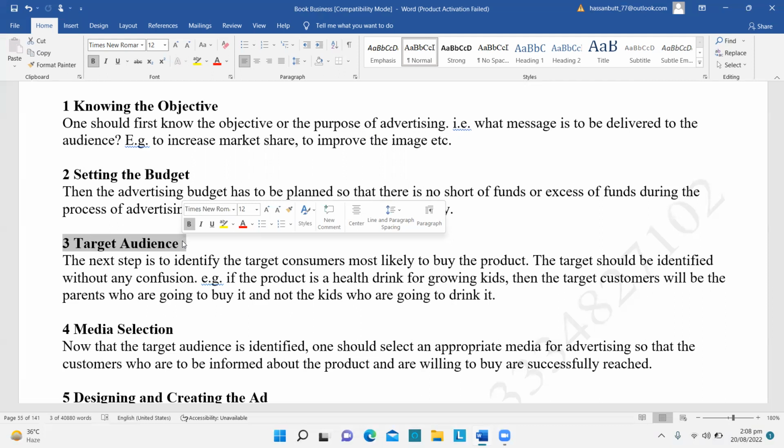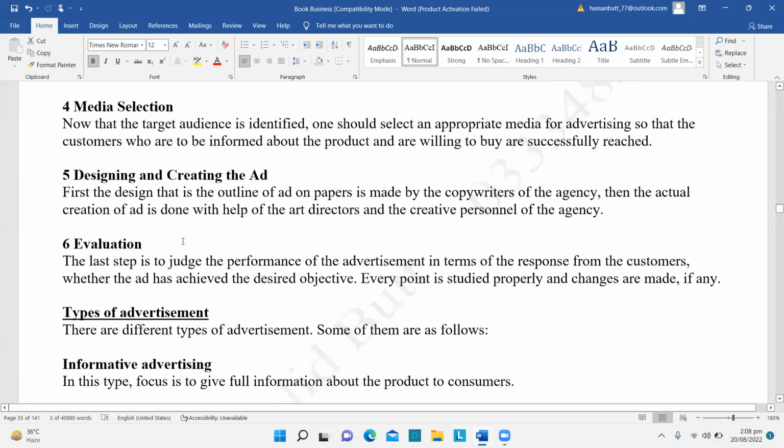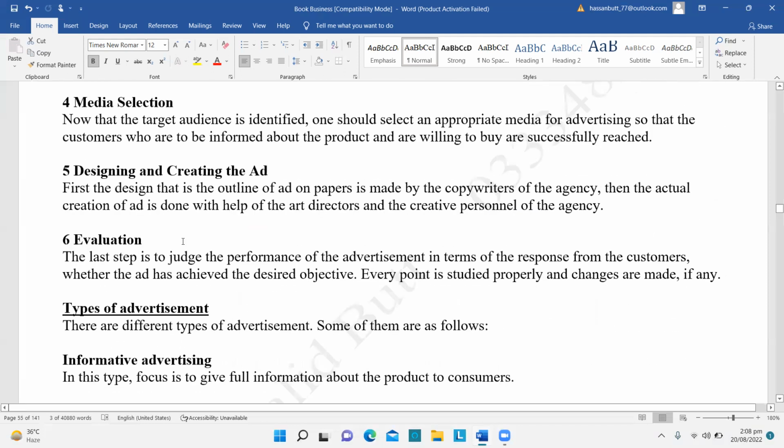Similarly, media selection. Again, you need to see if your audience is wide ranging, throughout the country, then a national TV or a national newspaper would be a more suitable option.